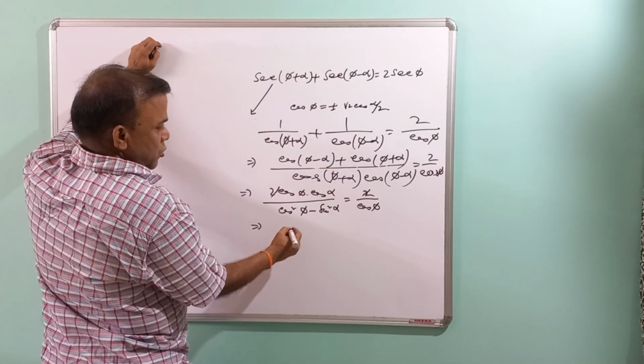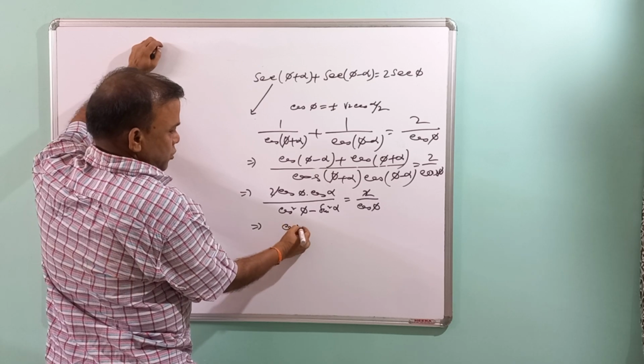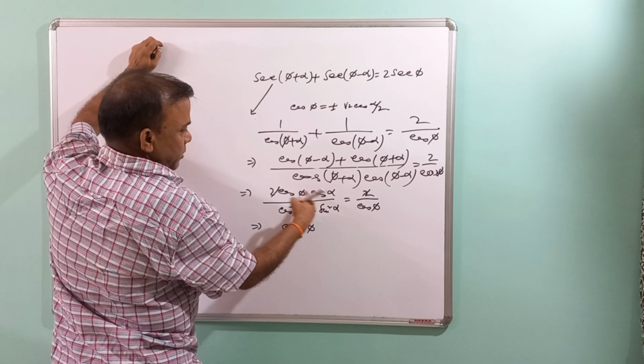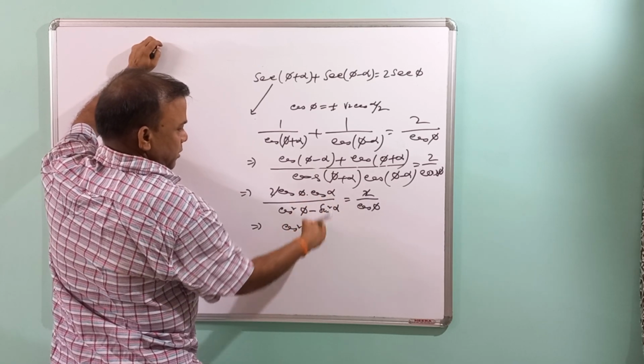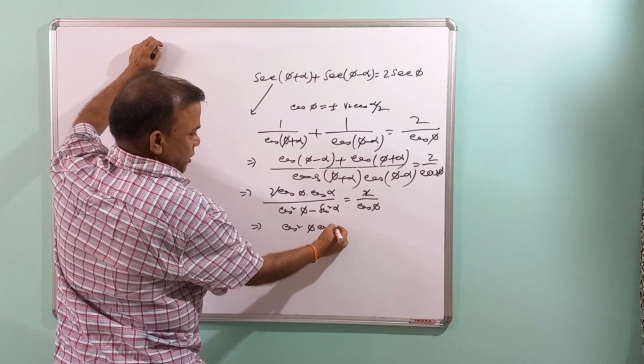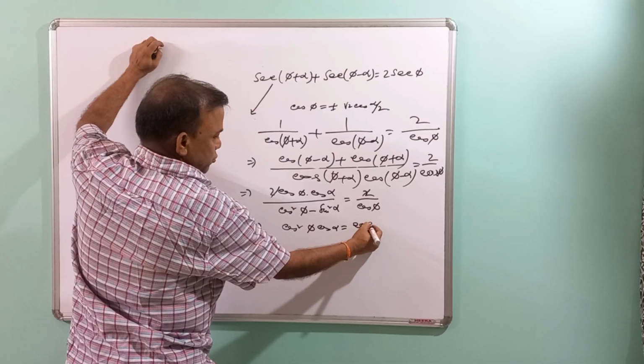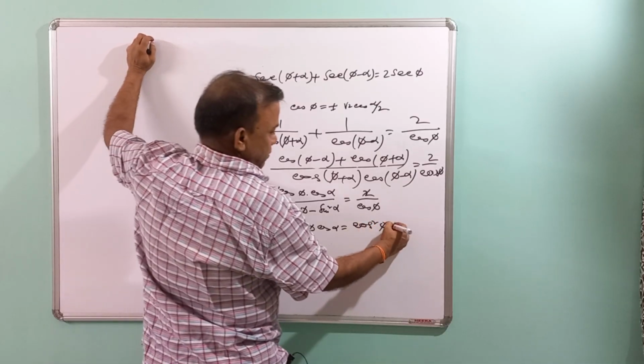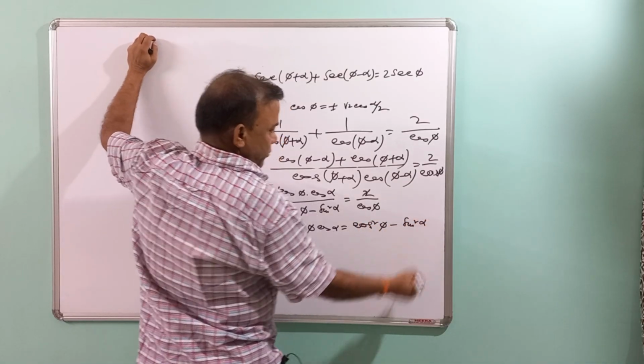Therefore, cross multiplying these two, cos square phi into cos alpha equals cos square phi minus sin square alpha. Okay.